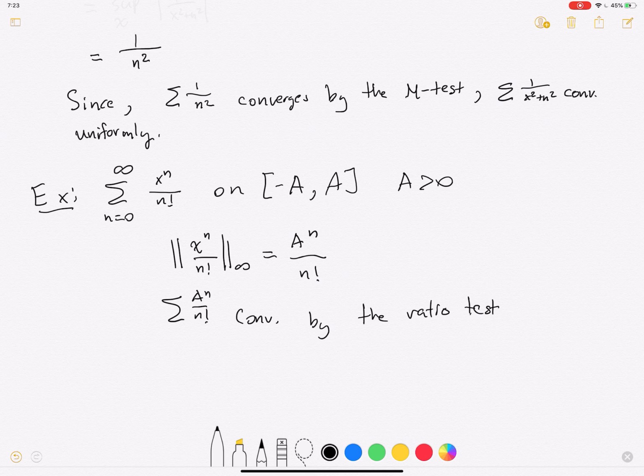So by the Weierstrass M-test, this converges uniformly.